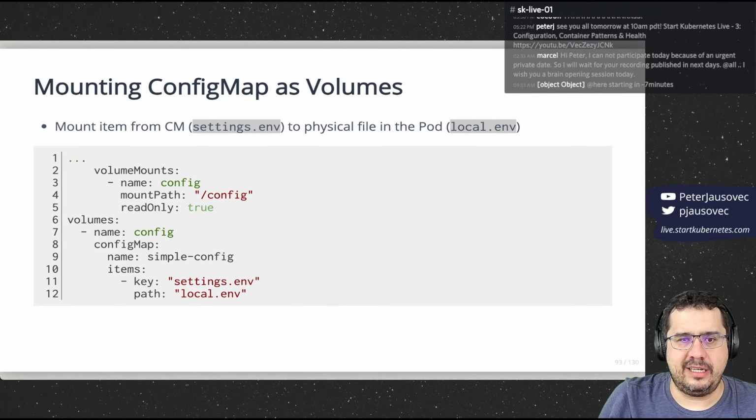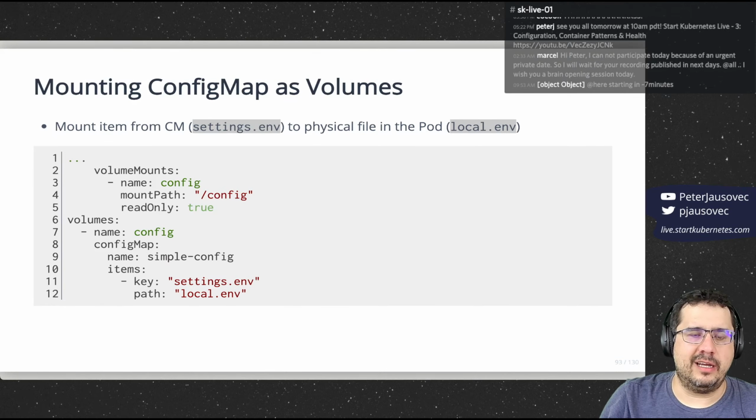What we did here, and this is just a snippet, is create a volume that's called config. That's on line 7. That volume is created from a config map called simple config. And then under the field called items, we're specifying the key from the config map. settings.env was the key that we used in our config map.